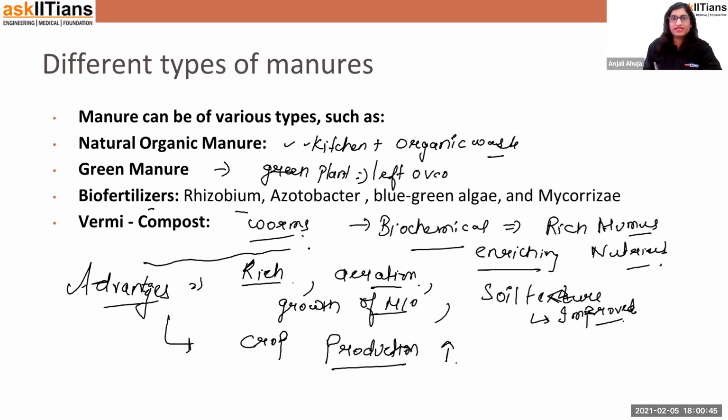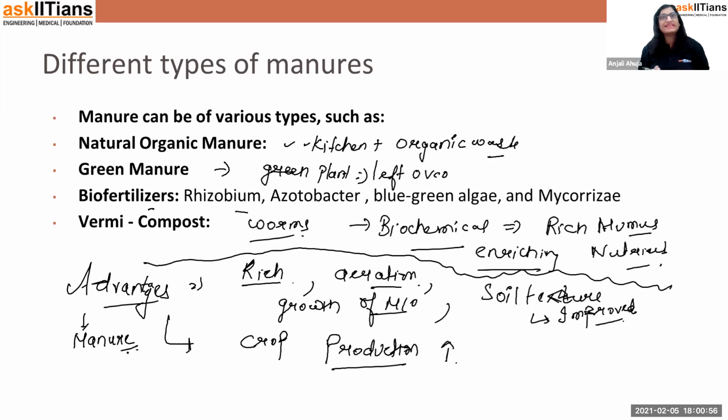So these are the advantage points that you can write in regard to manure. Now, I suppose the manure topic is very much clear to you, though it was already clear. Now let's move forward.